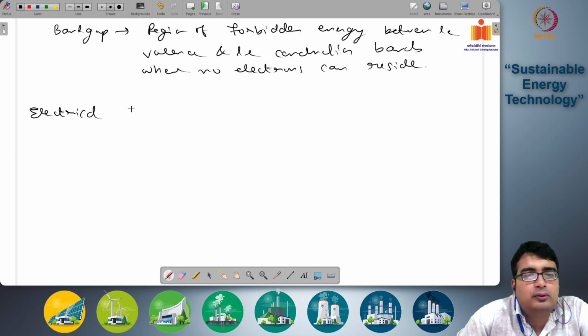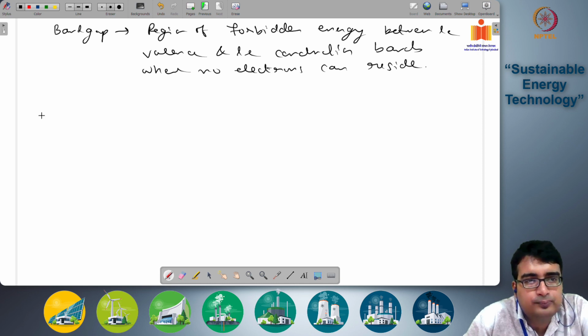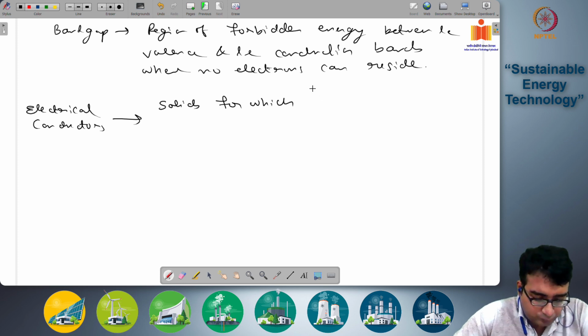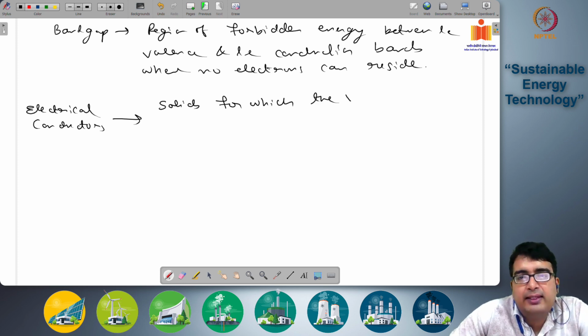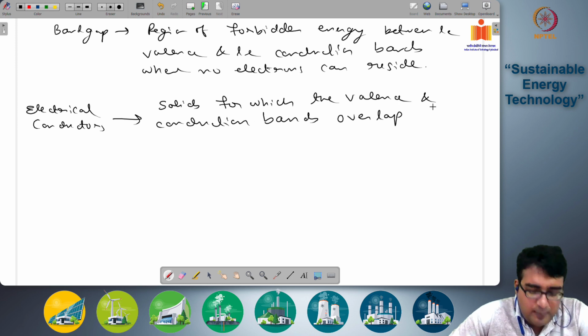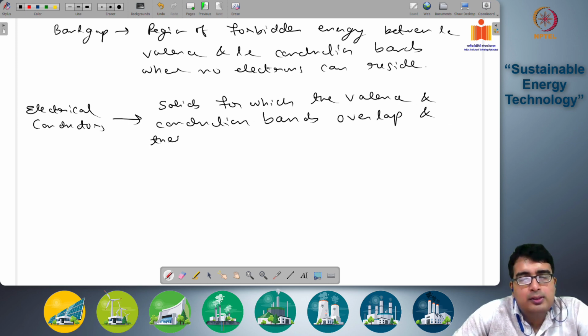Electrical conductors are solids for which the valence and conduction bands overlap and there is no band gap.